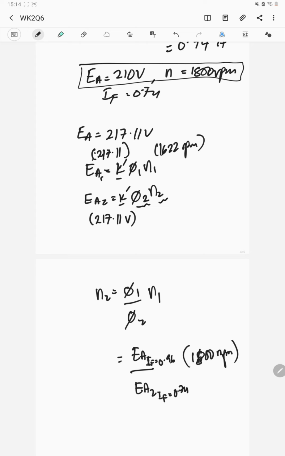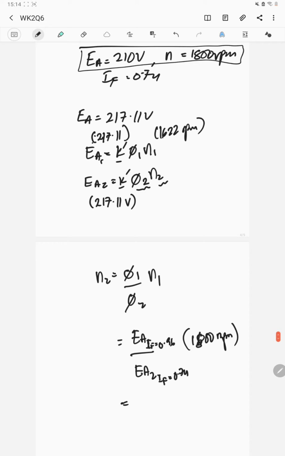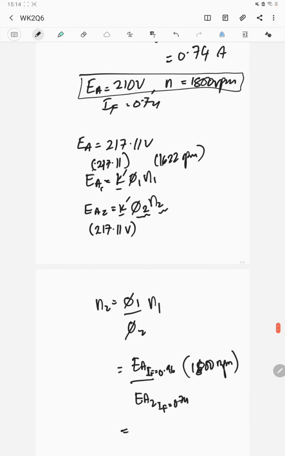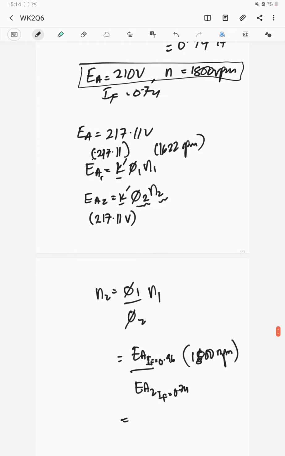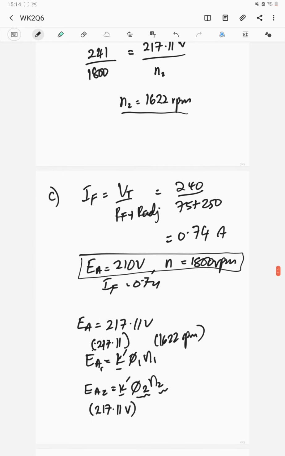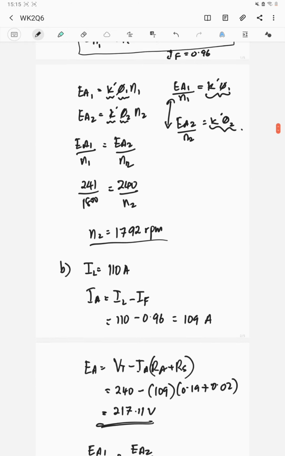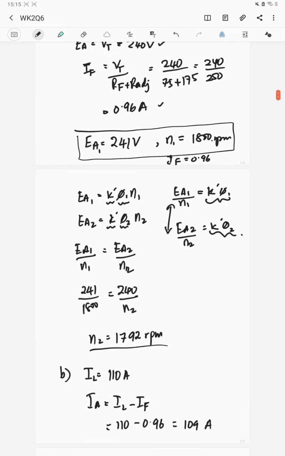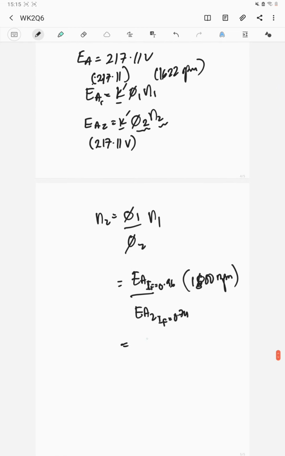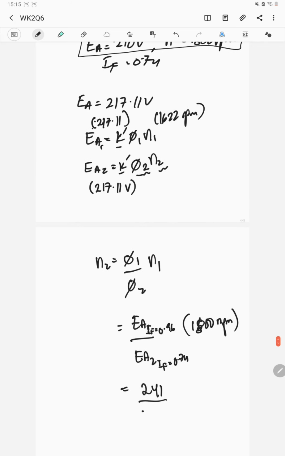If we take a look at this, EA at IF of 0.96 is 241 volts, and EA at 0.74 is 210.